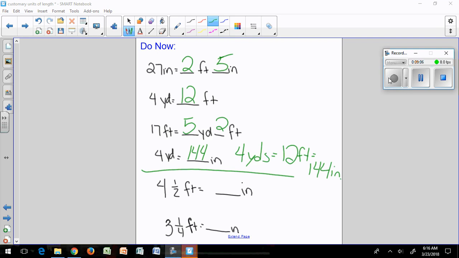For some of these, first and third ones, there was a remainder. There was some left over. So whatever your remainder was left over, in the case of the first one, inches that couldn't go into a whole foot. So make sure you're being careful. Not everything is going to go in evenly. 27 inches, the closest we can get is 24.